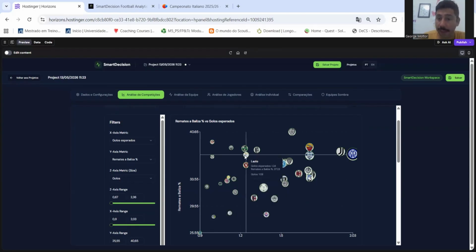Nevertheless, Lazio's positioning for shots within the penalty area is excellent, meaning their shots manage to reach the goal. So the higher up the ranking, the better the shots on goal, the percentage of shots on goal, right? And they would be among practically the top 4 in shots on goal, right? We look at the top here, it's 37%. Roma is doing very well, 39%. Sassuolo, 38%.